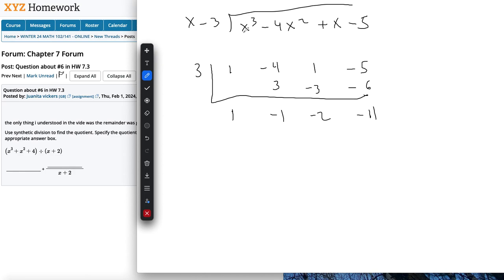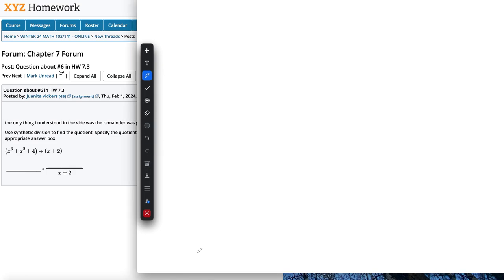So again, since I was going x into x cubed, this would have to be an x squared. It's always 1 degree less. So this would be 1x squared minus x minus 2, and then minus 11 over x minus 3. So that's your basic plan. And again, once you get the hang of that, they're all the same.